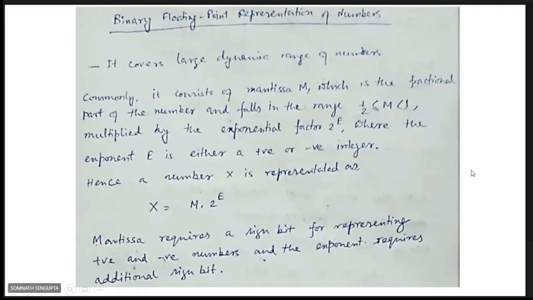So in floating point, there are two parts. One number is x, where x is equal to m times 2 to the power e. 2 because it represents a binary number, e represents the exponent, that is the power, and m represents the mantissa.